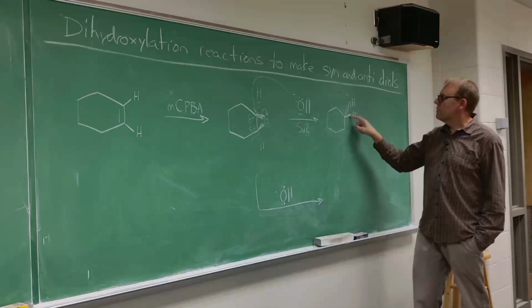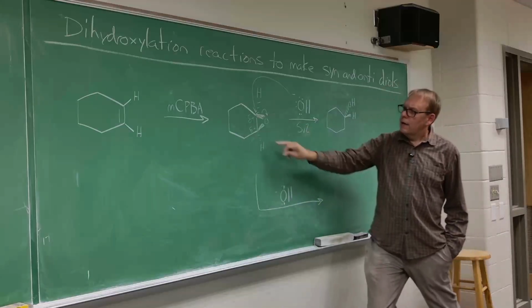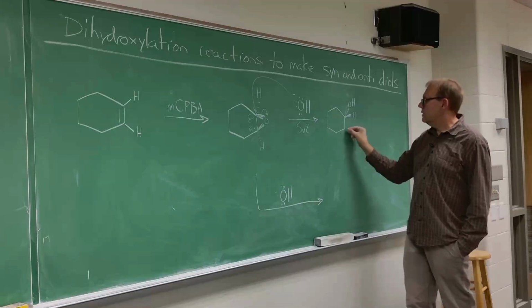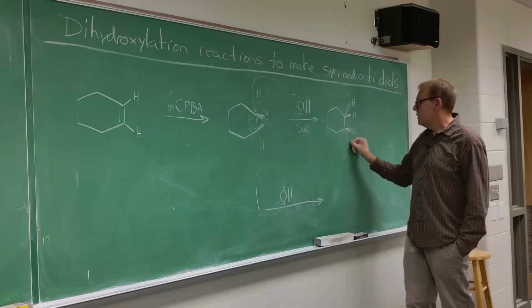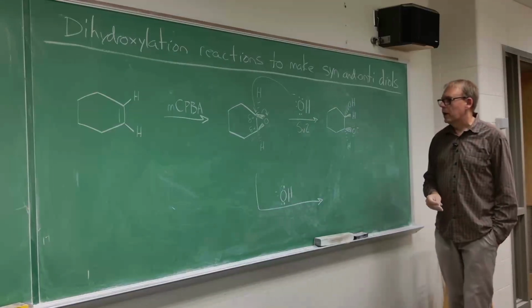So that's inversion of configuration at the carbon here that's being attacked. The carbon below isn't affected stereochemically because it's not participating in the SN2 reaction, so there's an O- here, and then there's an H. So that's one possible product.